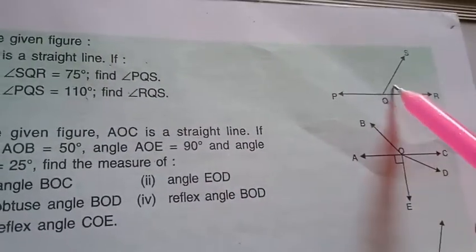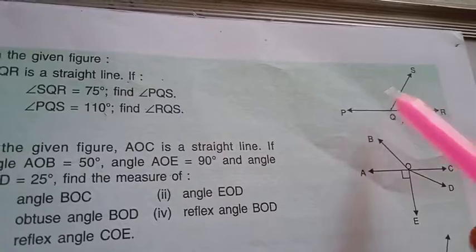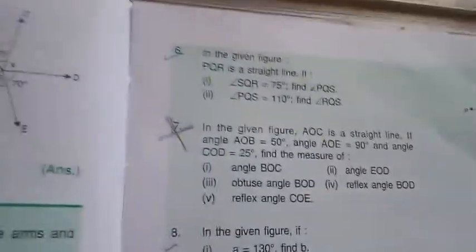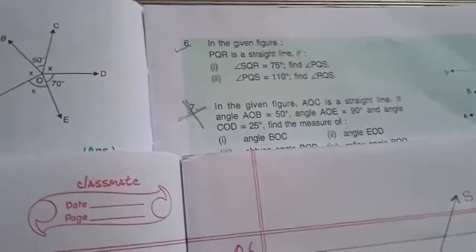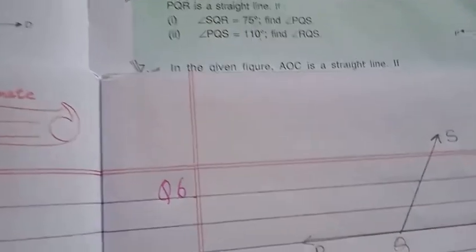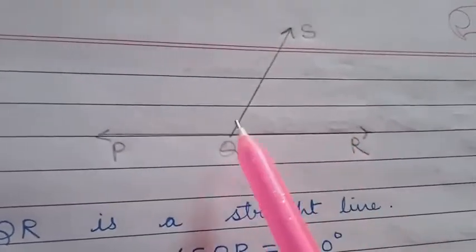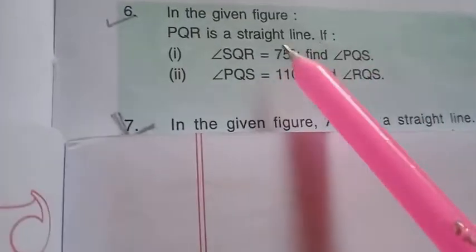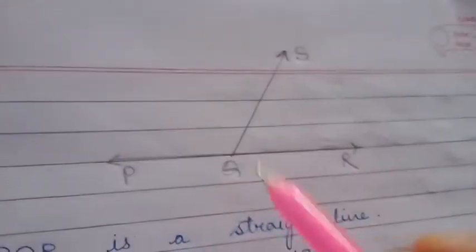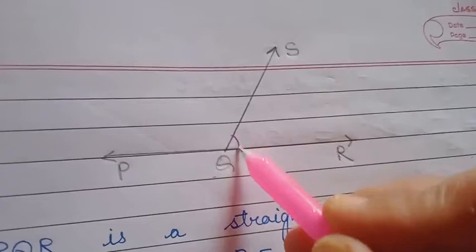Angle SQR, this angle, is 75 degrees, and PQS is what I have to find out.